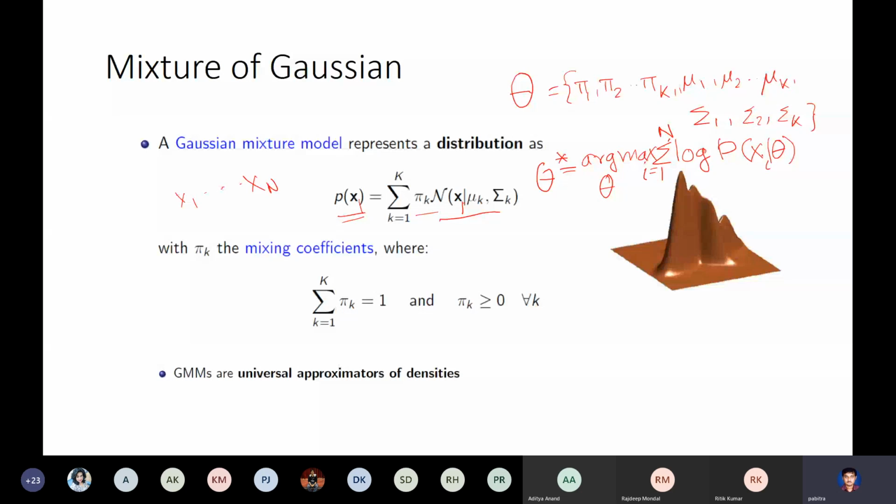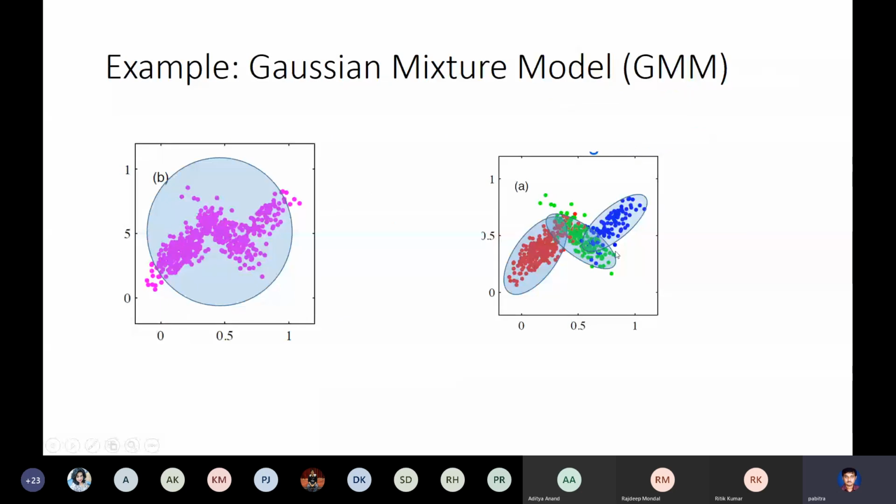Okay, so now let us introduce a latent variable. We said that the distribution of the data is a mixture of k Gaussians, 3 Gaussians in this case. So we give a generative model for the data in the following manner. First we generate an integer z, which takes a value 1 to 3, or 1 to k.